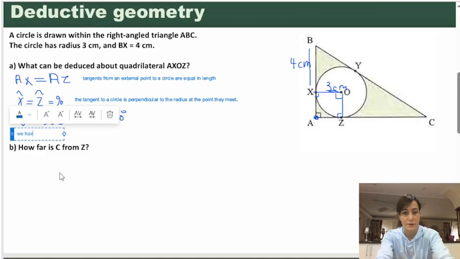From part A, now I have to figure out and recognize if it's a rectangle or a square. But here we see from step 1, I get AX and AZ are equal. So length and width are equal. So it's a square.